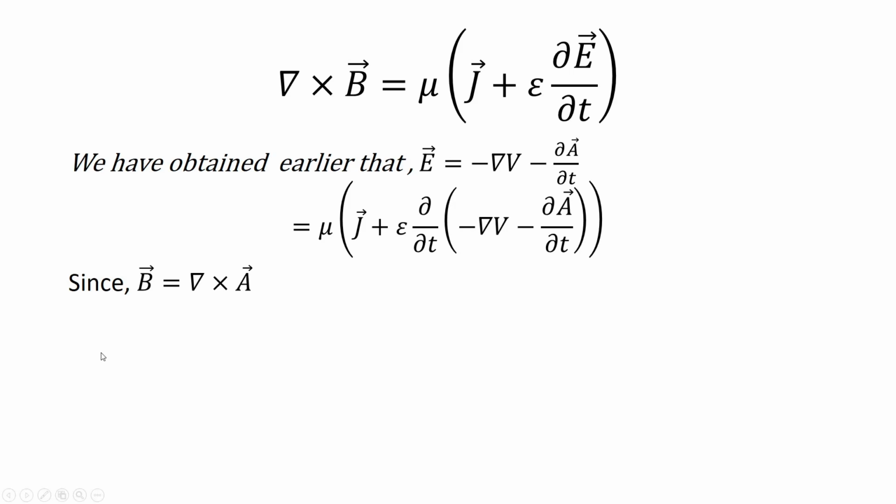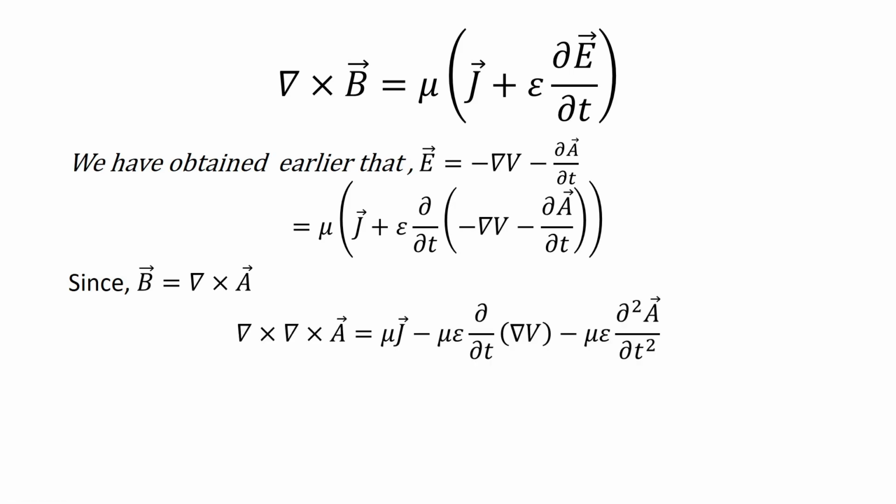So del cross del cross A bar is equal to, by taking mu inside, mu J bar, and minus mu epsilon dou by dou T of del V, minus mu epsilon dou by dou T of dou A bar by dou T, that is double differentiation with respect to time, dou square A by dou T square.